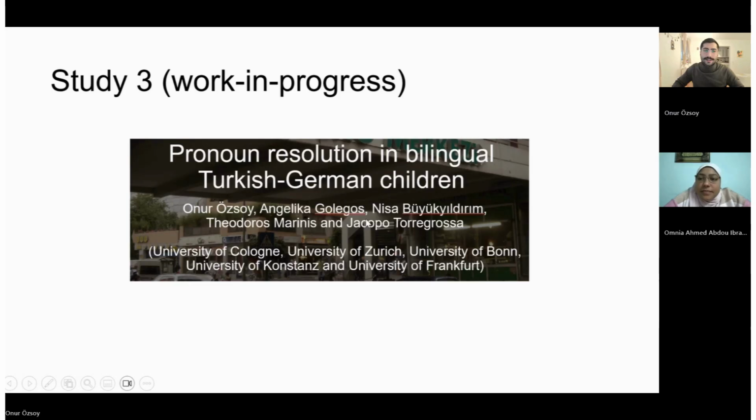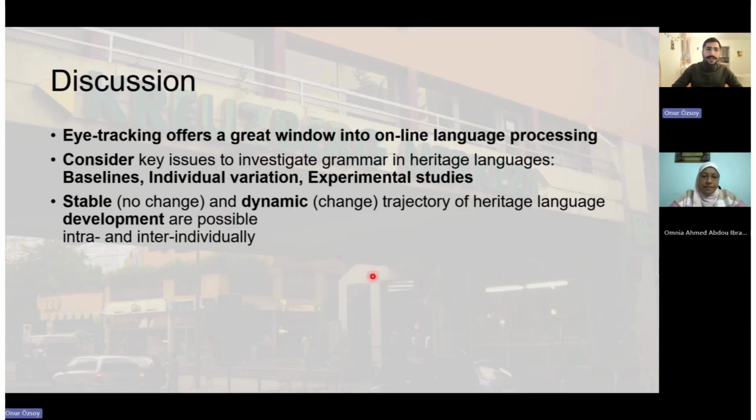And I would like to wrap up with a little bit of a discussion here. I hope to have shown you that eye tracking offers a great window into online language processing. We can really see, on a very fine-grained level of morphemes even, how language is processed on a millisecond scale.